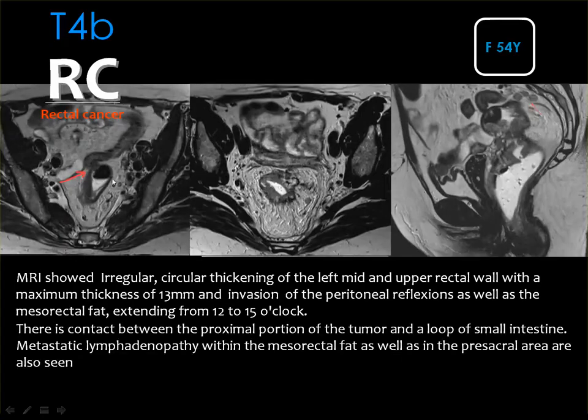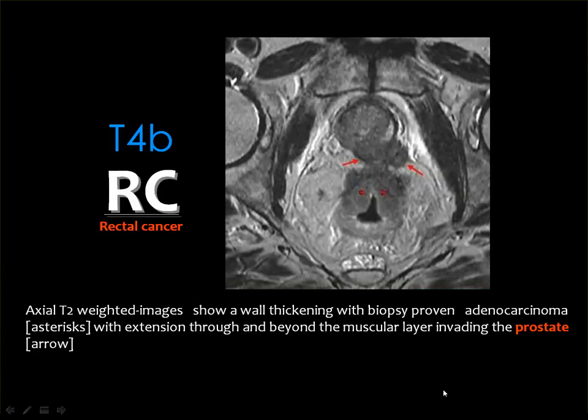Then in this axial image, you see that the tumor is invading one of the small bowel loops, and this indicates that you are dealing with stage T4B, and this may be clearly seen in the sagittal image. Also, you can see presacral lymphadenopathy. Then here, the tumor is invading the prostate, and this means that you are dealing with stage T4B.